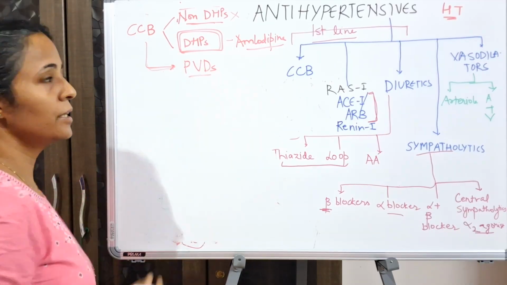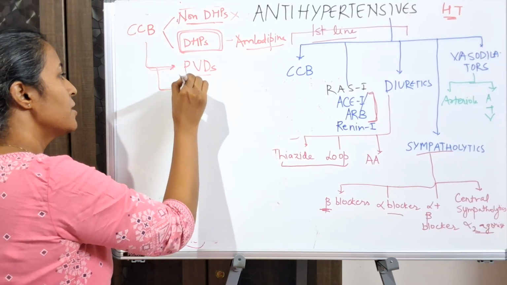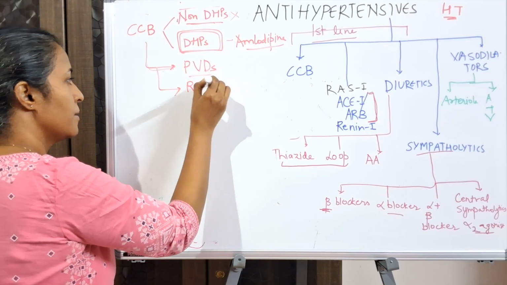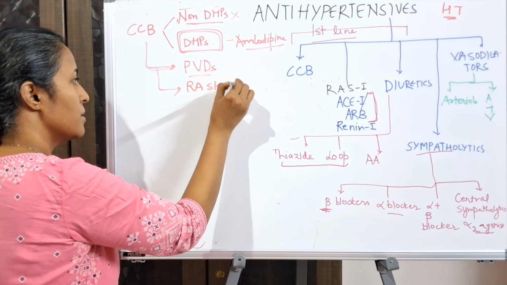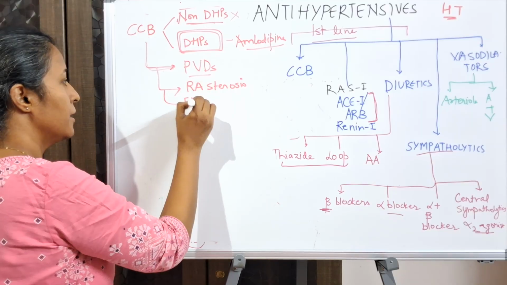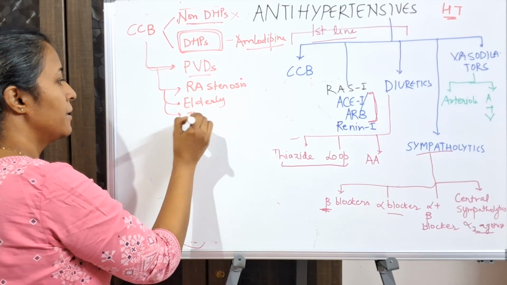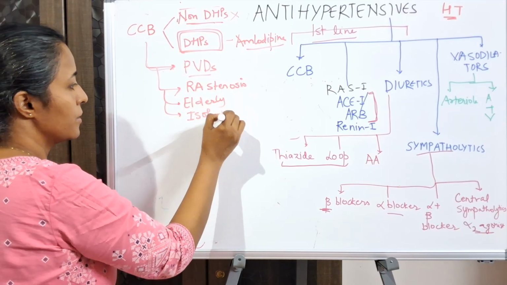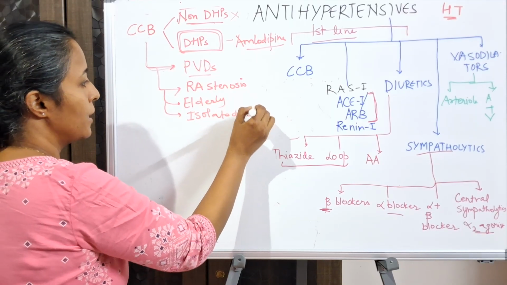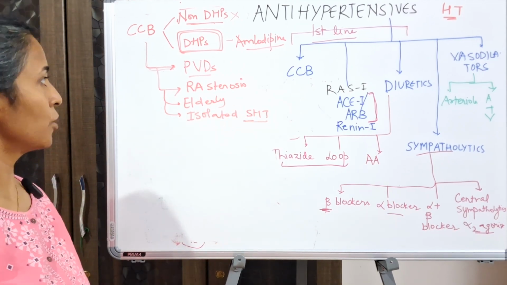So they are preferred in patients with peripheral vascular diseases. If the patient has renal artery stenosis, they are also preferred in elderly. Then isolated systolic hypertension, because they have been found to be more effective in isolated systolic hypertension.